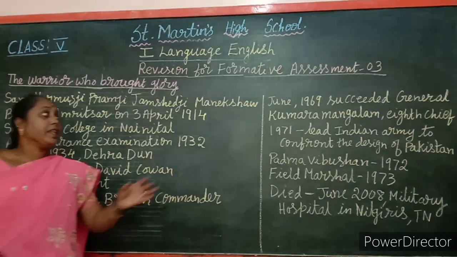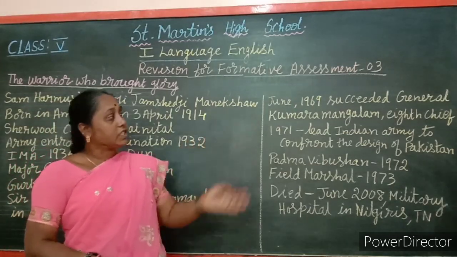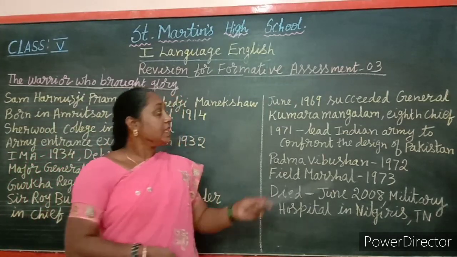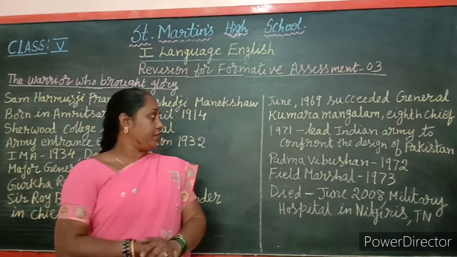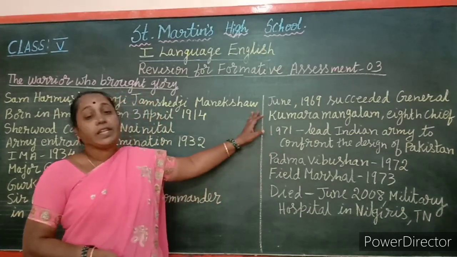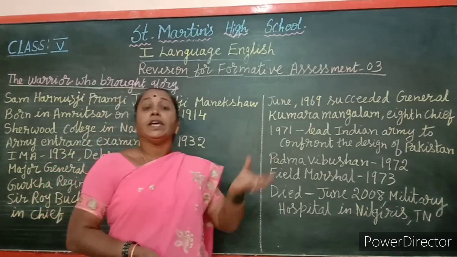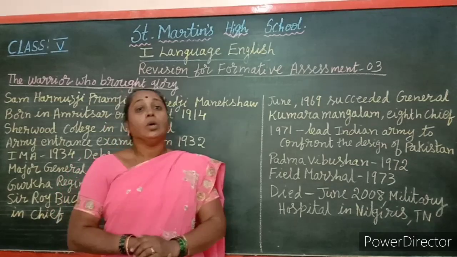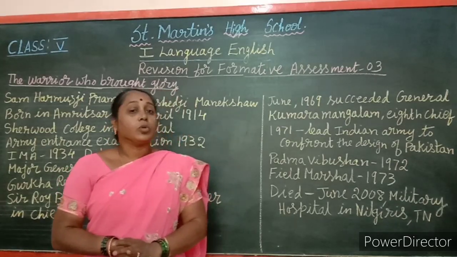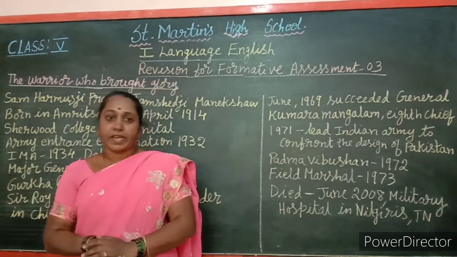Then in June 1969, he succeeded General Kumaramangalam as the 8th Army Staff Chief. After getting the promotion, within 2 years, he had to take active part to confront the designs of Pakistan.